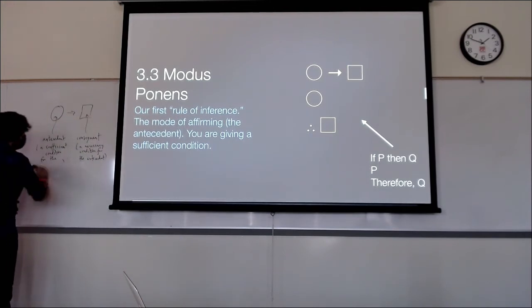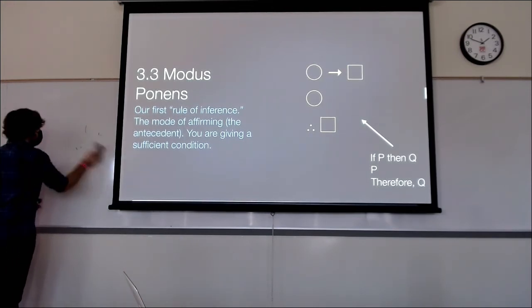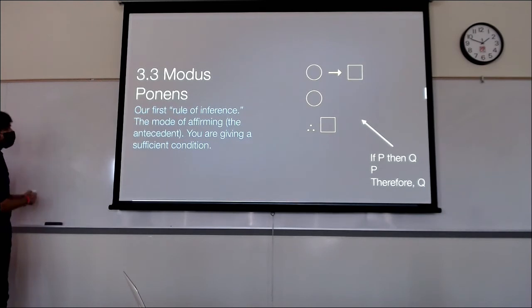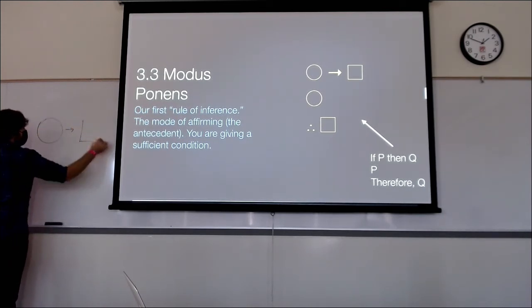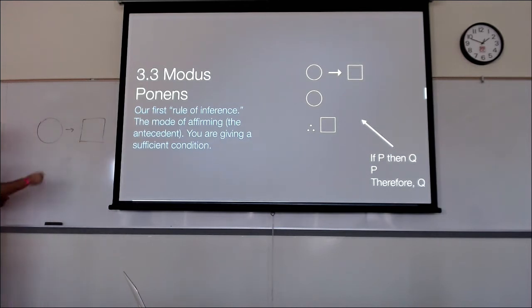So, you have circle, arrow, square, and then you have circle, and then you can infer, or conclude, square. So, what goes in here is going to be a statement.